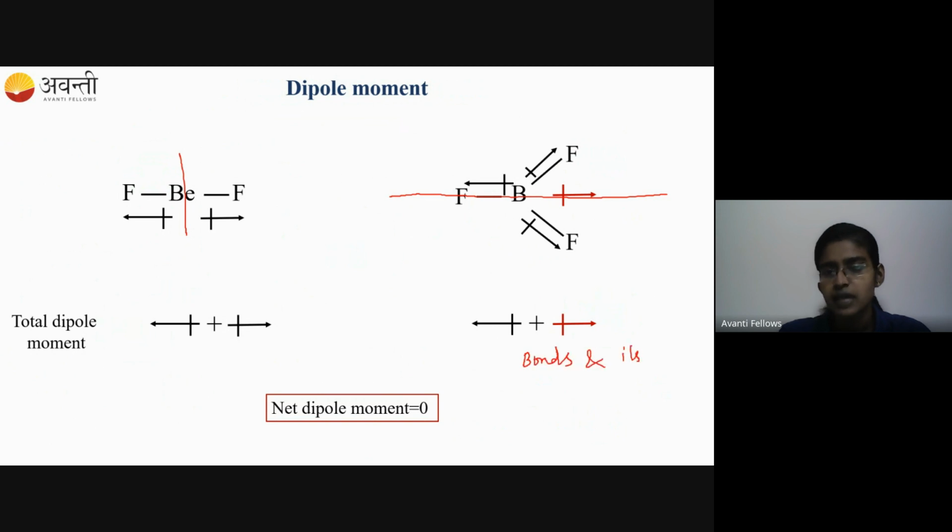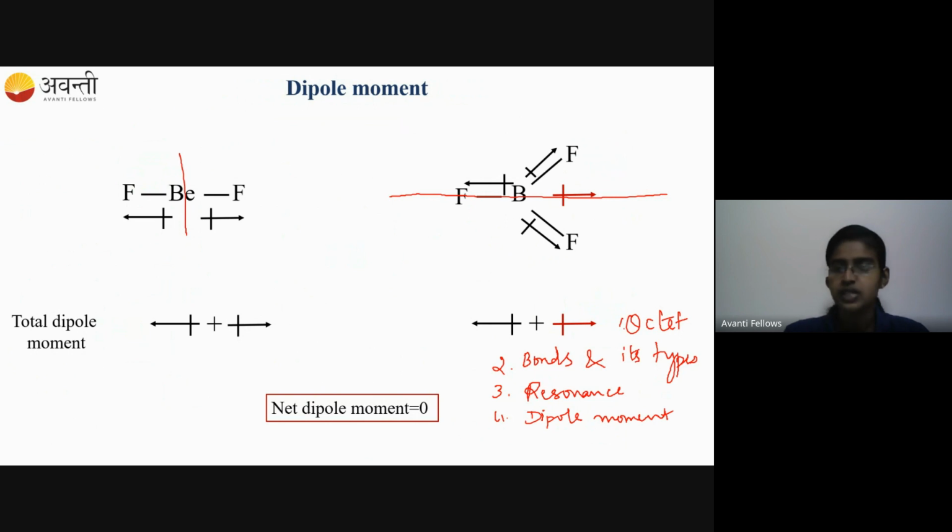First, octet rule, bonds and its types. Then all the resonance we have discussed, and now we are discussing the dipole moment. So all these things you study and come for the next class. We will continue the dipole moment in the next class.